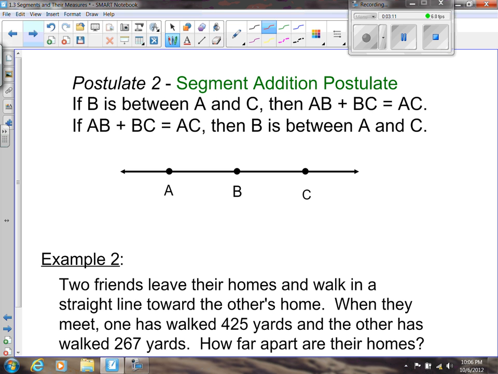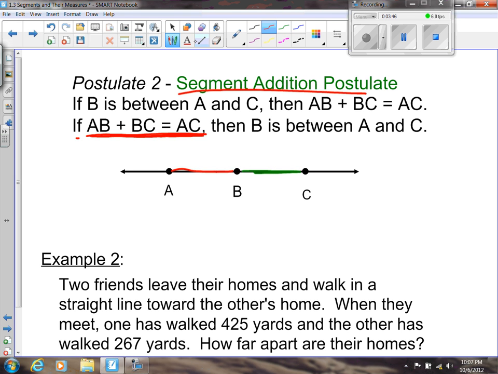Postulate 2, another accepted statement, is the segment addition postulate. This one is pretty important. The important piece basically is probably the picture, and then this part right here. Okay, so I'd write this down, and then draw the picture. That's key. What the segment addition postulate is saying is I can take this segment and I can add it to this segment, right?